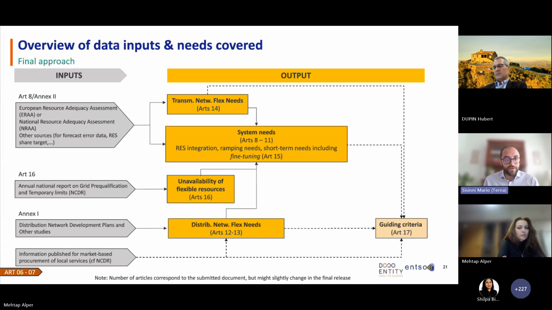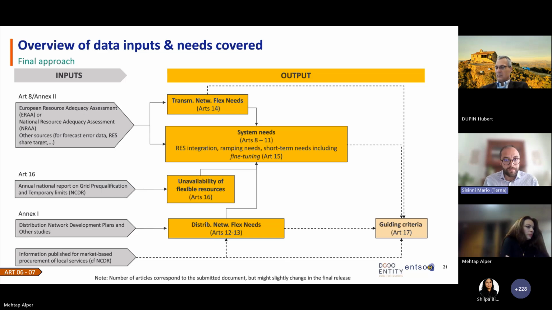Then these inputs are used to quantify, first of all, the system needs. You see the big chunk in the middle of the chart, which is the needs that you see from the system perspective. So copper plate, as Hubert was anticipating. Basically, they're representing needs that can be solved by resources which are located anywhere in the system, and that are related to RES integration, ramping needs, and short-term flexibility needs.